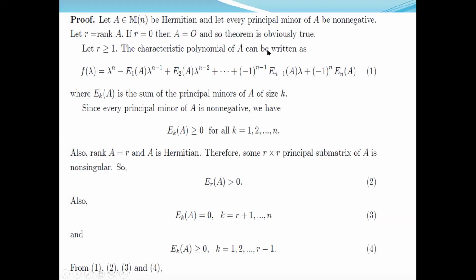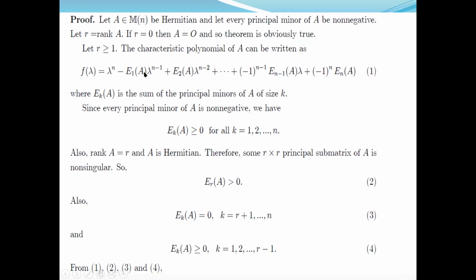Now let A belonging to Mn be Hermitian and let every principal minor of A be non-negative. As we have discussed, its characteristic polynomial can be written in this form, where Ek(A) is the sum of the principal minors of A of size k. Now suppose the matrix is non-singular, then what we have here? E1(A) non-negative, E2(A) non-negative, En(A) non-negative.